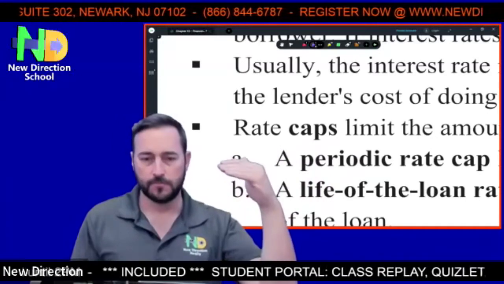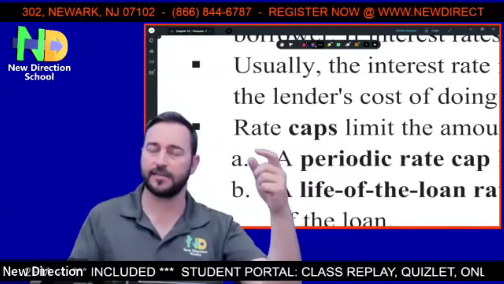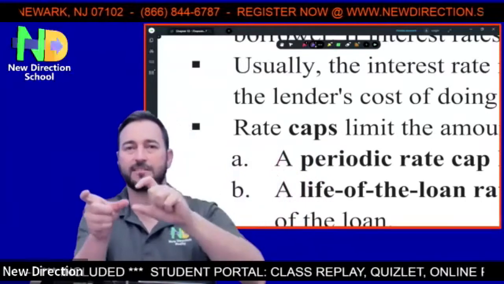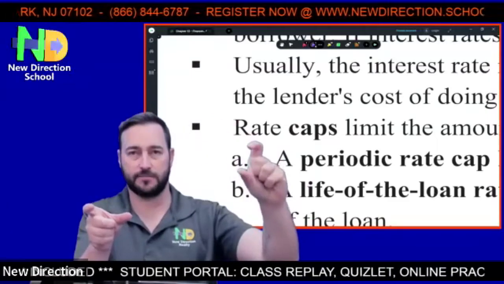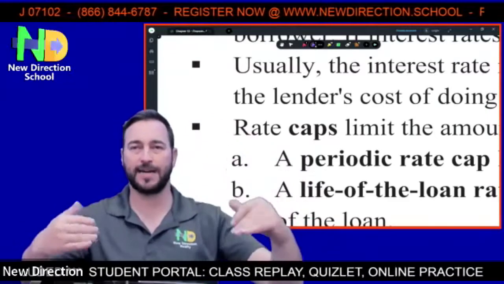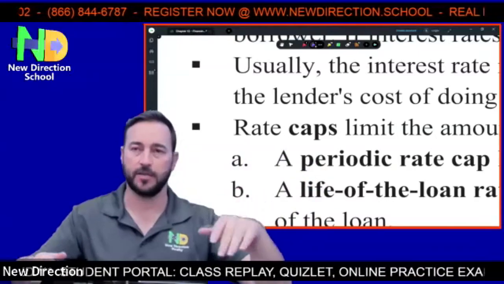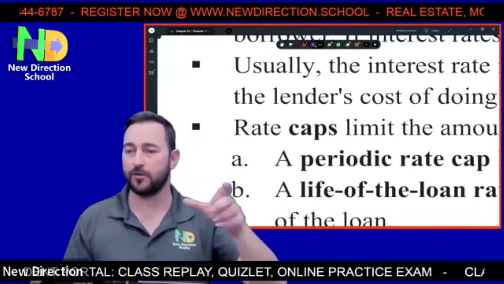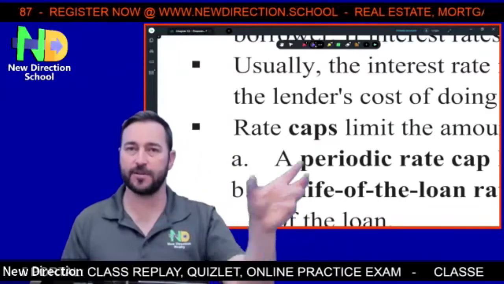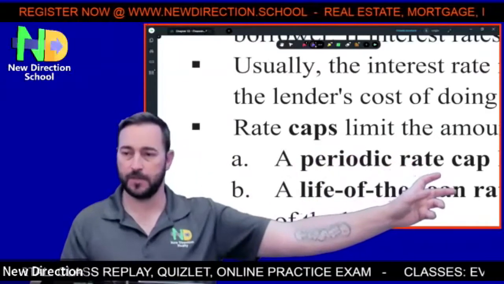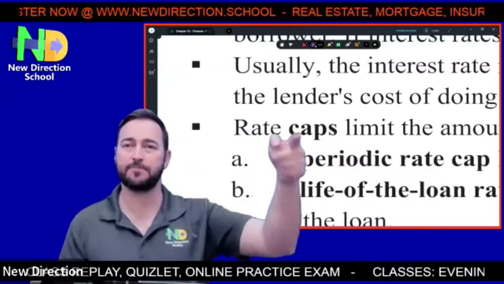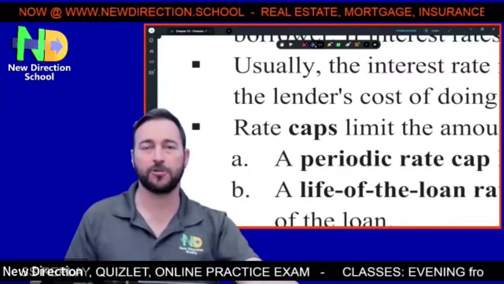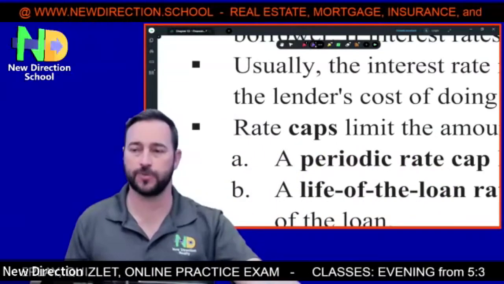So to prevent that, they say that at every adjustment, this is as much as we can increase, all established by the note. It could be a 1% increase, 2%, or 3% max at every installment. So if the index goes to 10% and the margin is 2, what is the new interest rate?